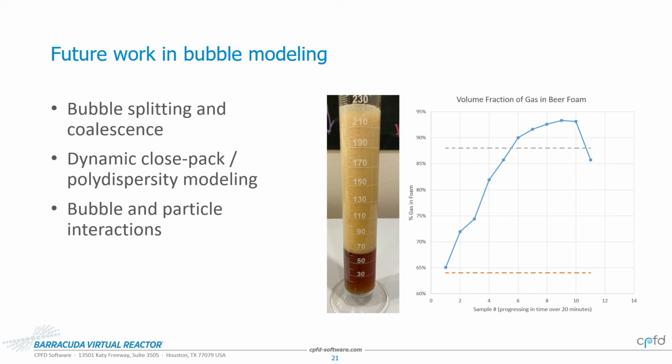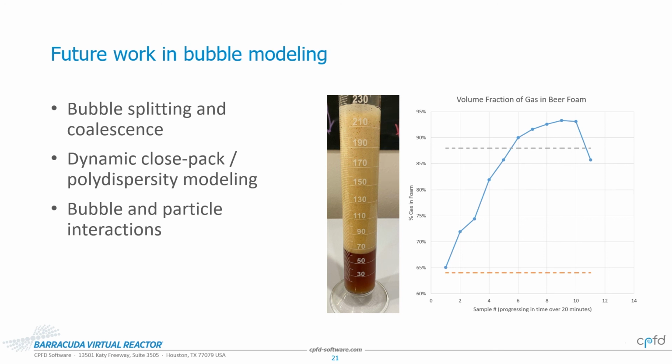In my free time, I brew beer, and I had a particularly foamy keg, so I could just do some experiments here. I filled up a cylinder with foam, and based on measurements of the top and bottom and where the levels were of both the liquid and the height of the foam, I could back calculate what the volume fraction of gas in that foam is over time.